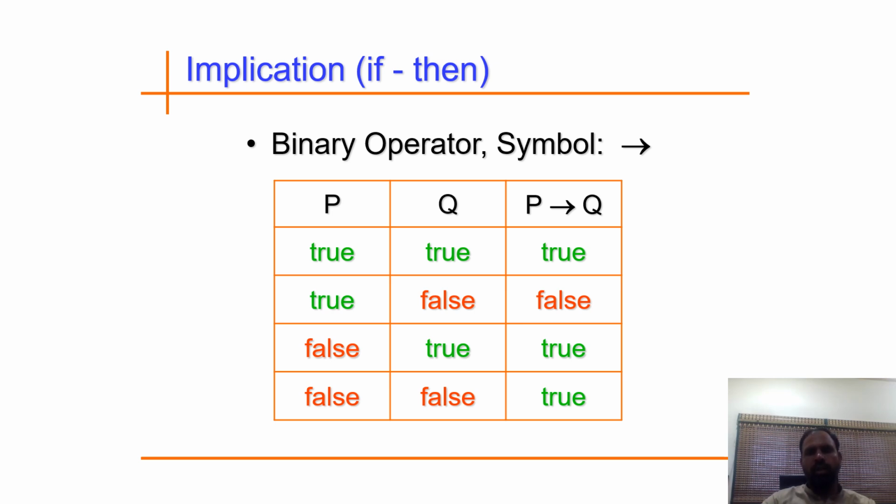If both are false, then P implies Q is true. So we will focus on the values of P and Q.